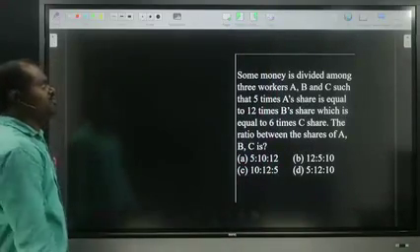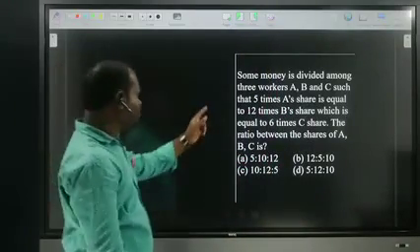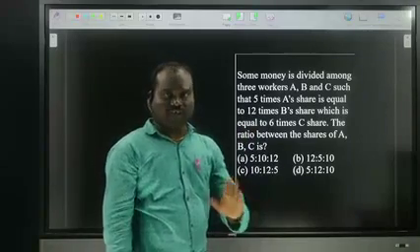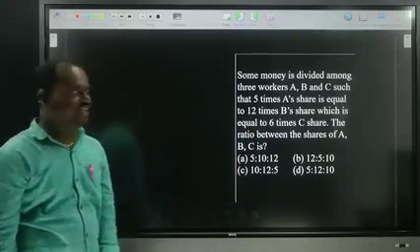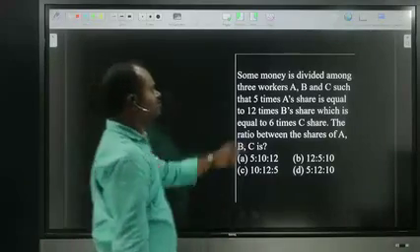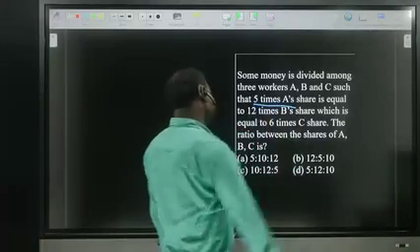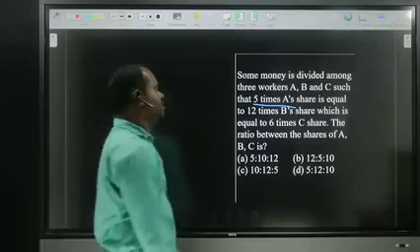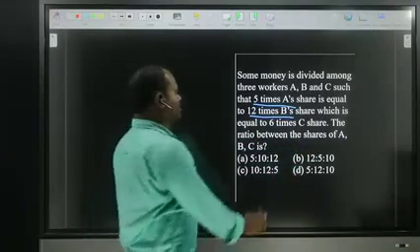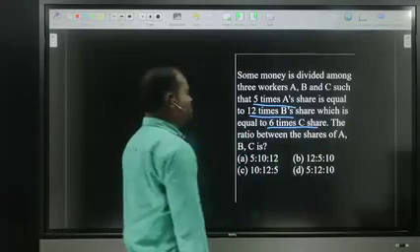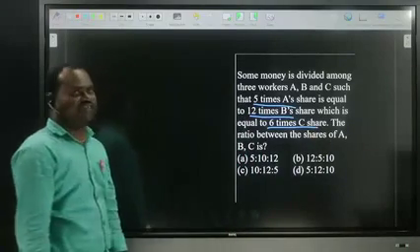Next question. Some money is divided among 3 workers A, B and C such that 5 times A's share is equal to 12 times B's share, which is equal to 6 times C's share. Then the ratio between the shares of A, B, C is?